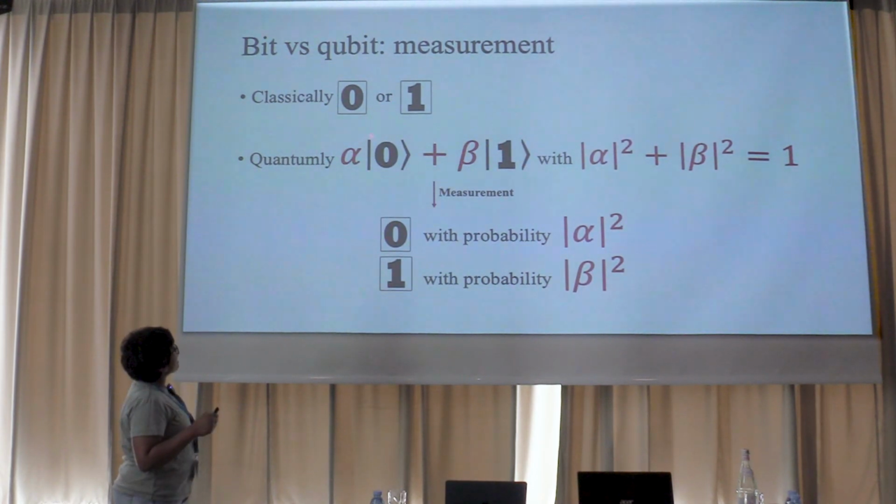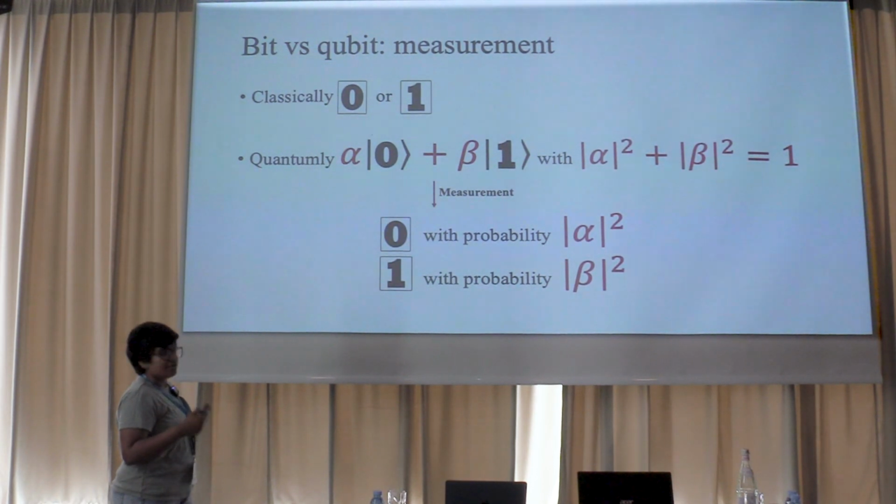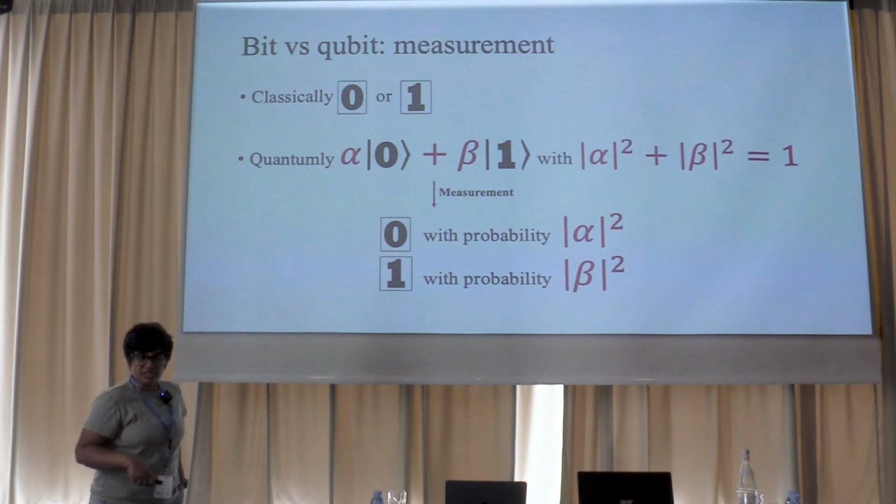So if my alpha was 0 to begin with and I measured, then I will only get ket 1. And if I had the state where beta was 0 to begin with, if I measured, then I would only get ket 0. But if I had any superposition, this is called a superposition of states, then I would get this probability distribution.